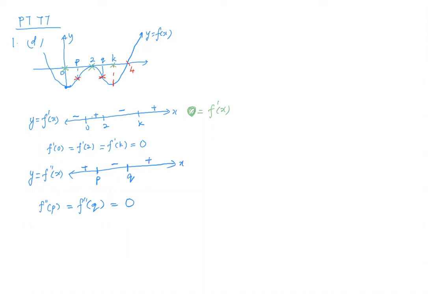So that means this one tells you, for x less than p, f prime x graph is going up.